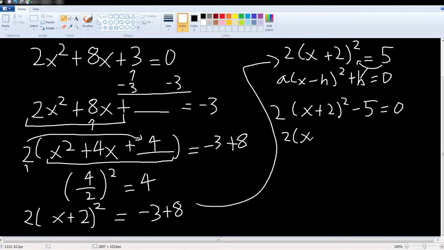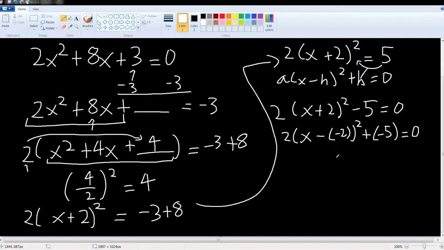So instead of x plus 2, we have x minus minus 2, which is the same thing as saying x plus 2. And then the minus 5, we will change to addition, adding a negative 5 is equal to 0.